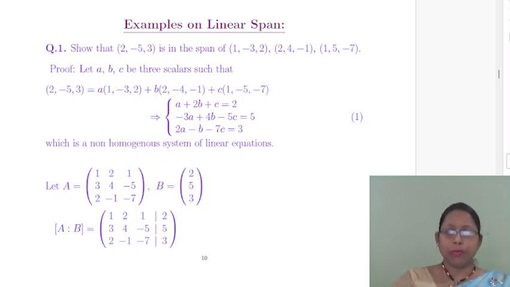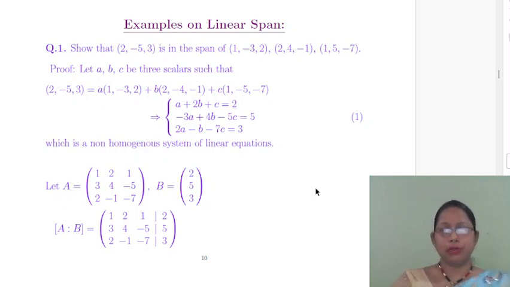Let A, B, C be any three scalars such that the vector 2, minus 5, 3 is a linear combination: A with the first vector 1, minus 3, 2, plus B with the second vector 2, 4, minus 1, plus C with the third vector 1, 5, minus 7.